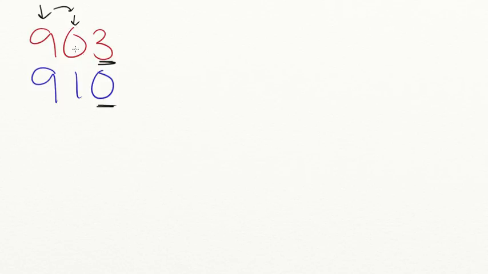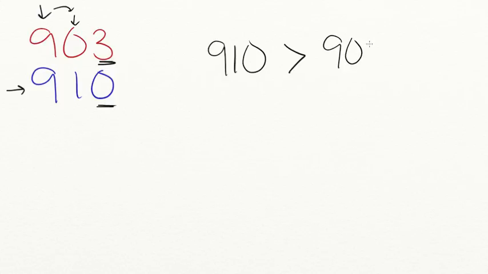We have a 0 in the tens place, and we have a 1 in the tens place. Since 1 is greater than 0, that means that 910 is the larger number. So now we can compare these two numbers. We can say that 910 is greater than 903. And we know that this is the greater than symbol because the larger side is pointing to the larger number. Do you want to try another practice problem?